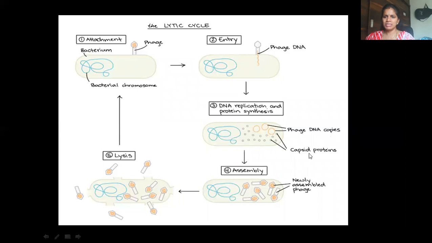Phage DNA copies, then capsid proteins as materials can be seen, and later all that will be put together and packed into mature bacteriophages. Then in the fourth step, assembly, the newly assembled phage is ready for the lysis of the cells. Fifth step is the lysis. So this is an overview of the lytic cycle.